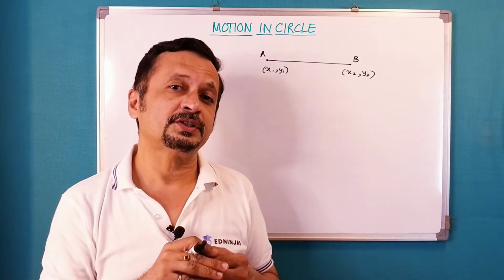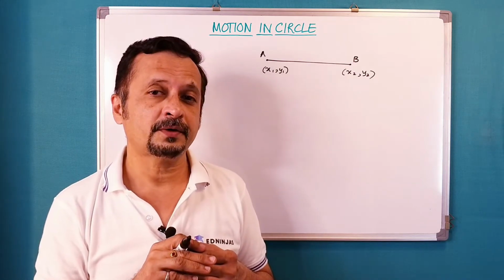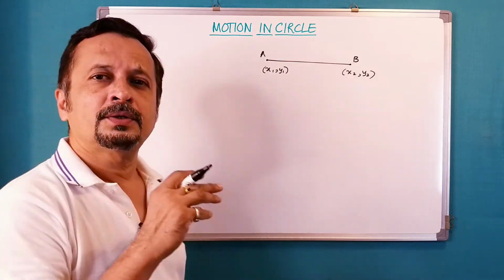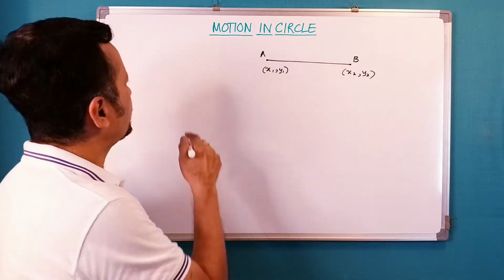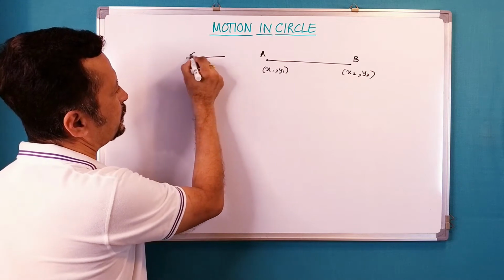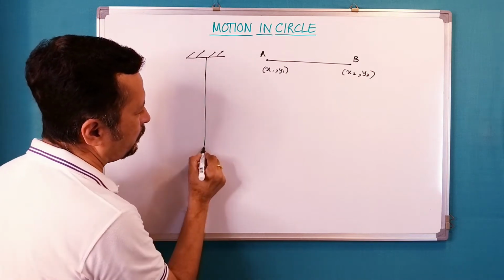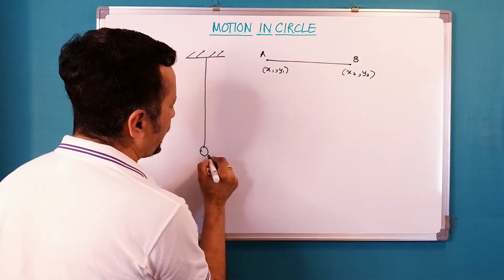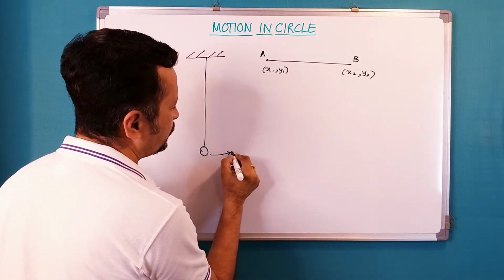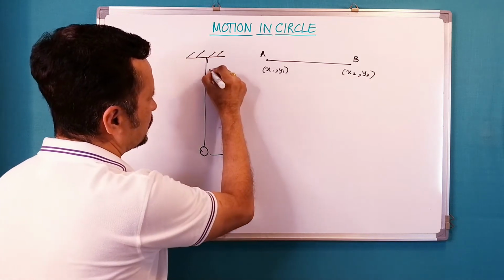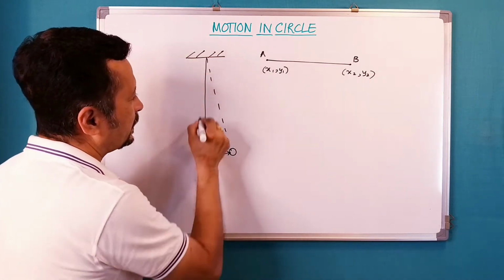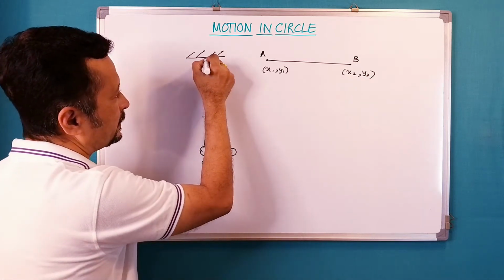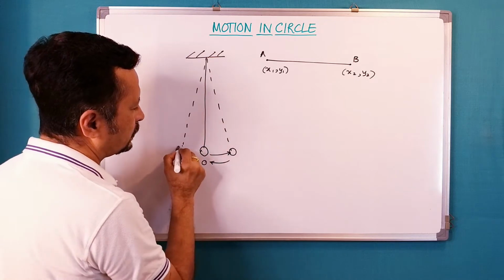What about oscillation or vibrational motion? Over there the motion is to and fro motion. I can have a simple pendulum here, a bob hung from a rigid support, and I set it in oscillations. It moves to this point here and then again comes back to the mean position O, and again it will go to the other position.